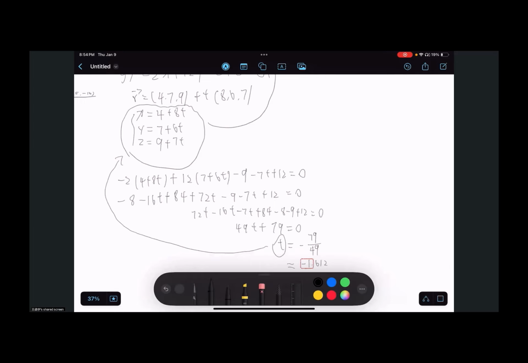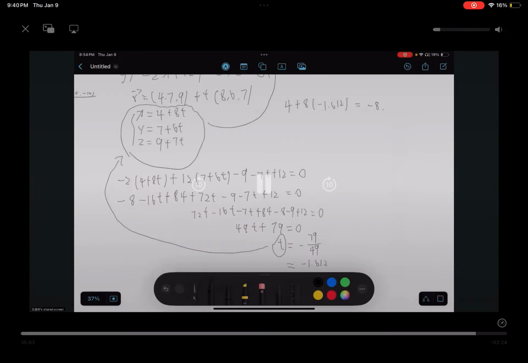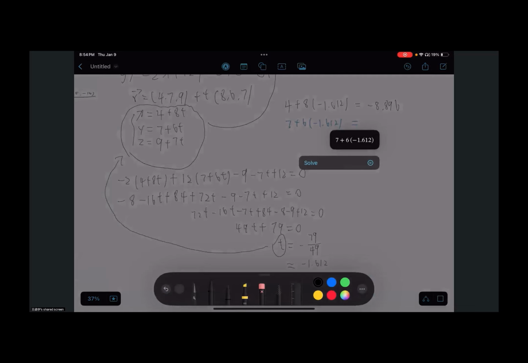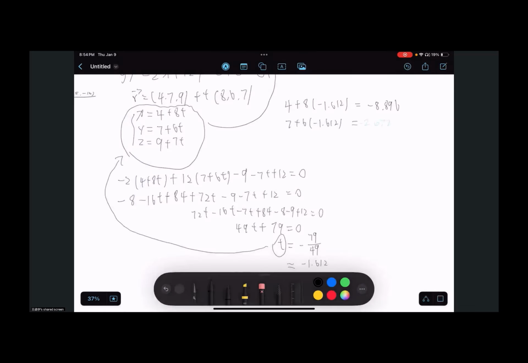So it's 4 plus 8 times negative 1.612 equals negative 8.896. And for y it is 7 plus 6 times negative 1.612 equals negative 2.672.